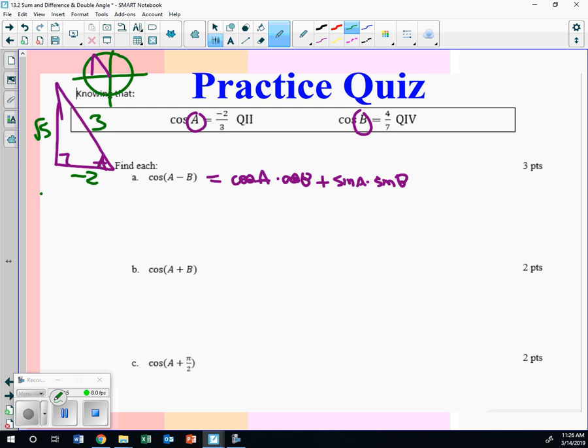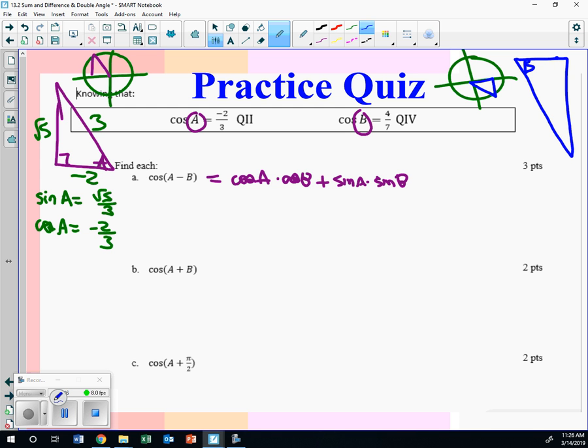So below it I would write the sine of A is root 5 over 3, and the cosine of A is negative 2/3, adjacent over hypotenuse. If you have those listed, it'll help us for the problem. Then for the second one, we're in quadrant 4, so it's going to be this triangle.